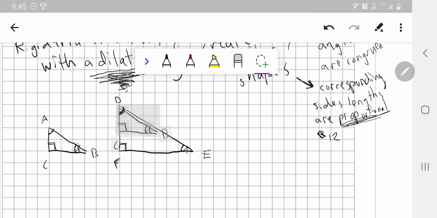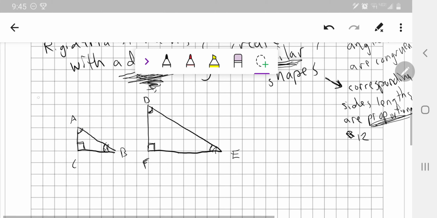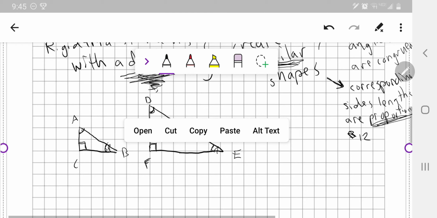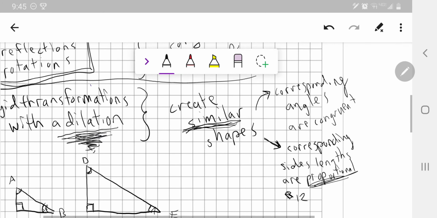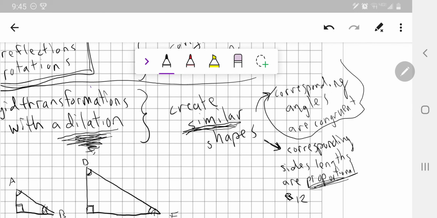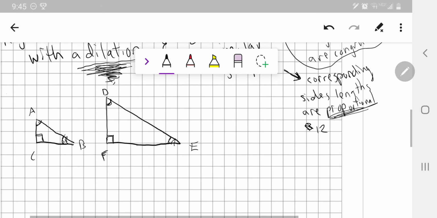Okay, if I move that, you see that angle's the same, that angle's the same, and that angle's the same. So that checks off that first part up here. That corresponding angles are congruent.